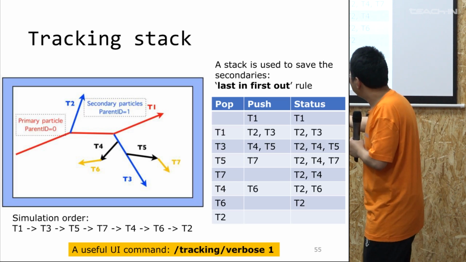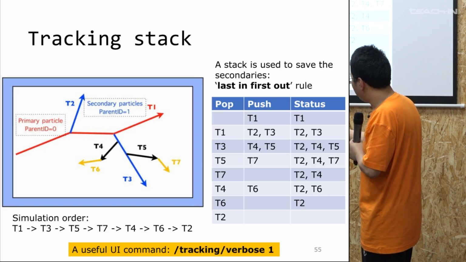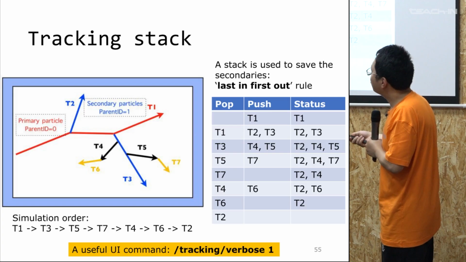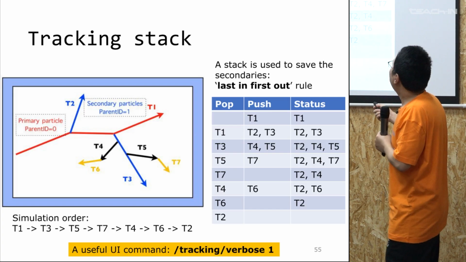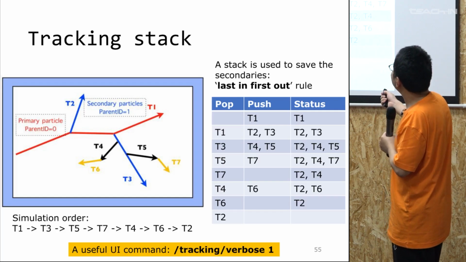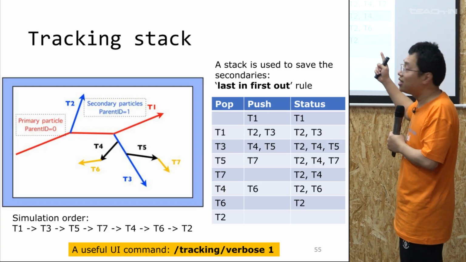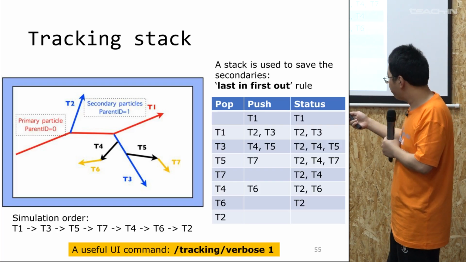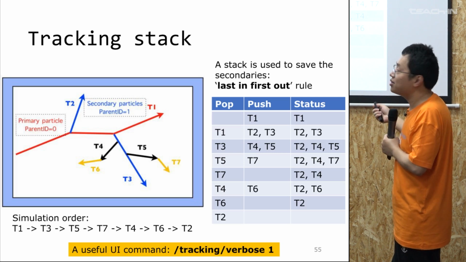So then let me explain this structure. First, when we have the primary generator action run, this will create track 1, and this track 1 will be pushed to the stack. Then in this stack you will only have one track, and in the next step Geant4 will get one track from this stack.